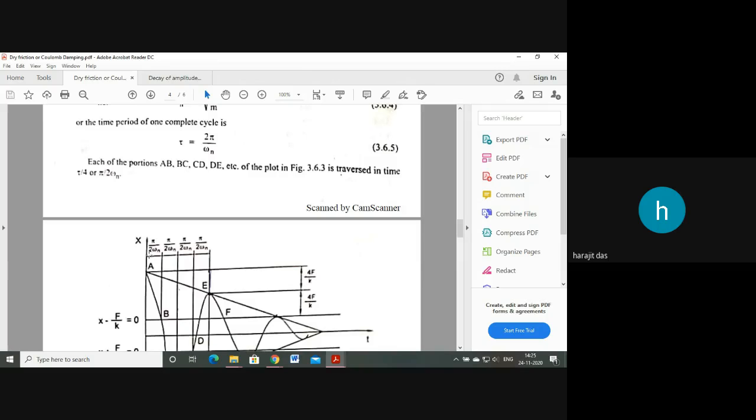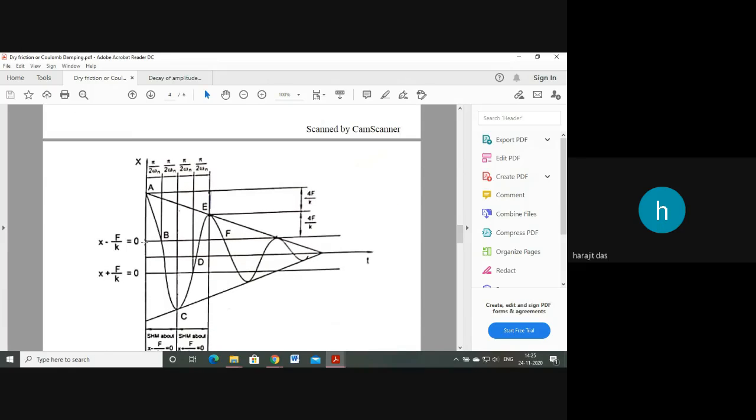This is the time taken to complete that quarter cycle. This is the third quarter cycle time, this is the fourth quarter cycle time. If you add up all these 4 quarter cycle times, you will get the time period, 2 pi upon omega n. Understood?